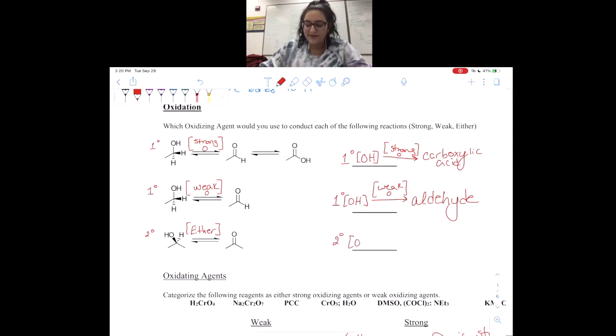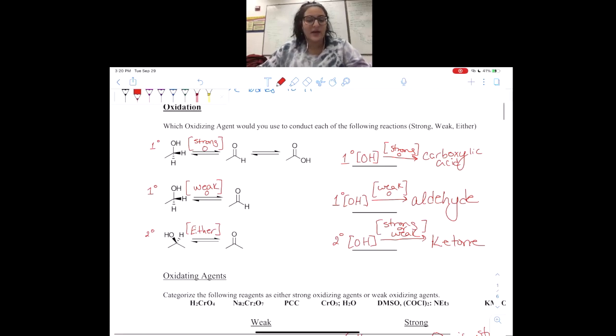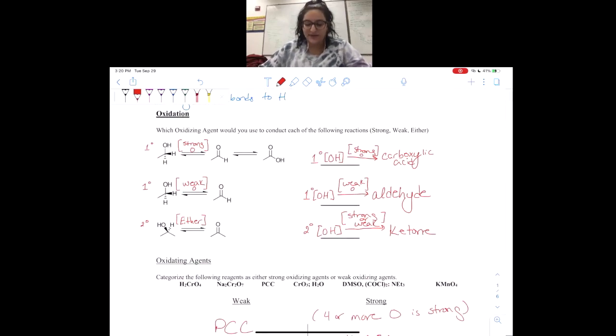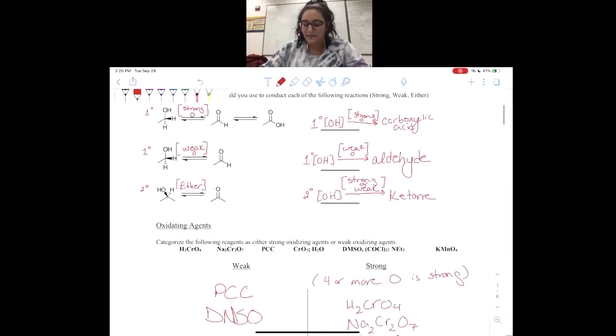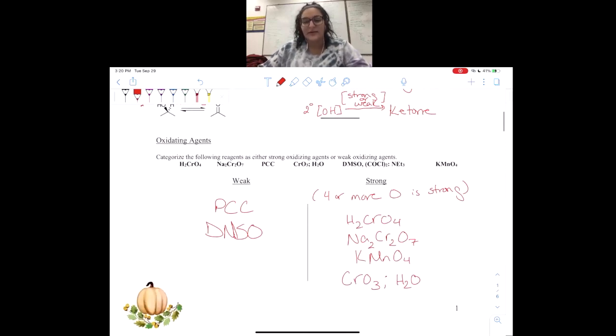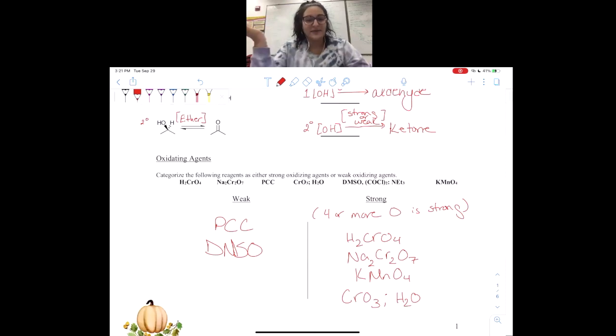Conversely, a secondary OH with strong or weak will always give us a ketone. As far as reaction mechanisms go, you don't really need to know it. All you need to know is the starting material and final product, and then these reagents right here. And that's pretty much it for oxidation.